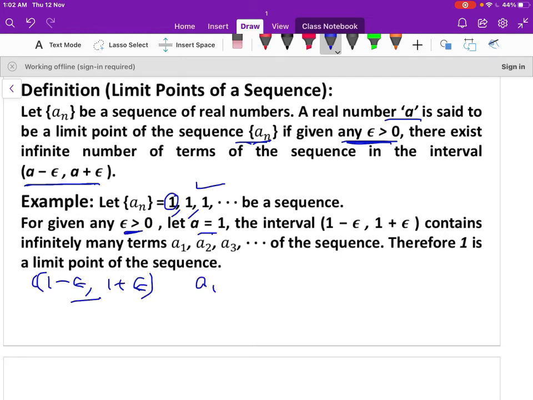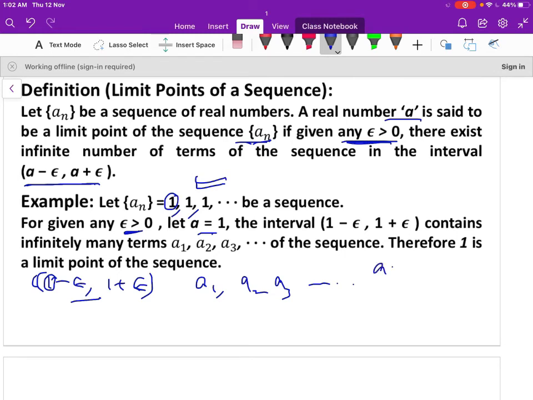The second term, again 1, is an element of this interval. A1, a2, a3 and so on, all the terms of the sequence are inside the interval 1 minus epsilon comma 1 plus epsilon. Therefore, 1 is a limit point of the constant sequence 1, 1 and so on.